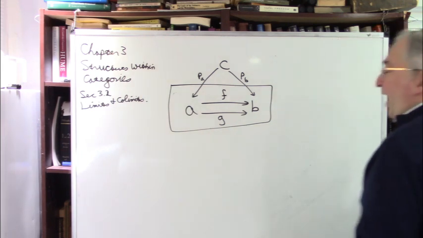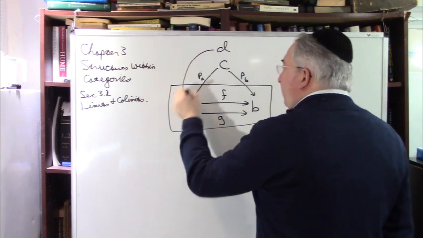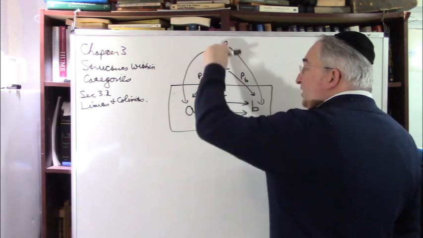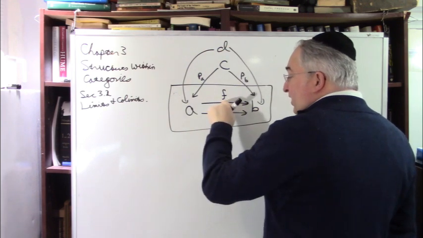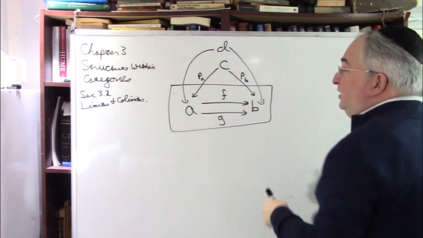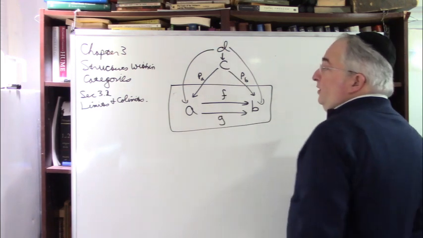Okay? And we want it to be universal, namely, if there's any other map such that both of these diagrams commute with the F and the G, then that's very good, but you want it to be like that.